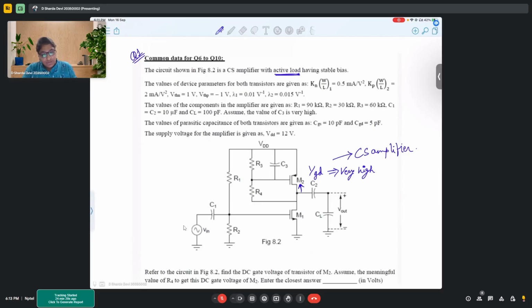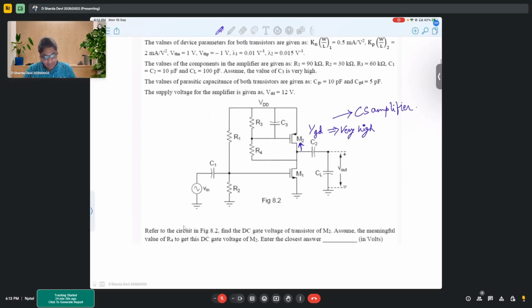Now, moving on to the problem. There is a circuit of a CS amplifier with active load and with stable biases. The values of device parameters have been given, so let's quickly note down the parameters.